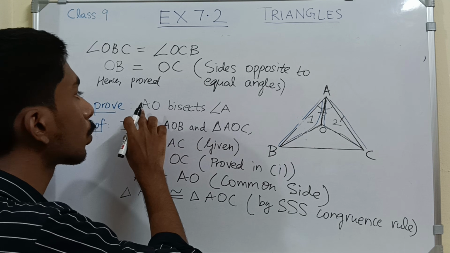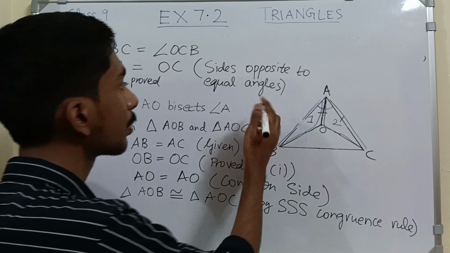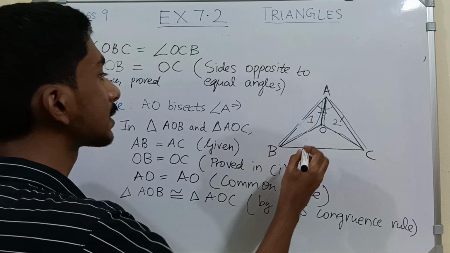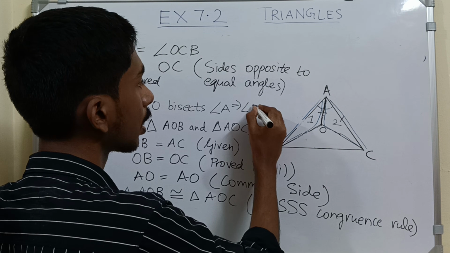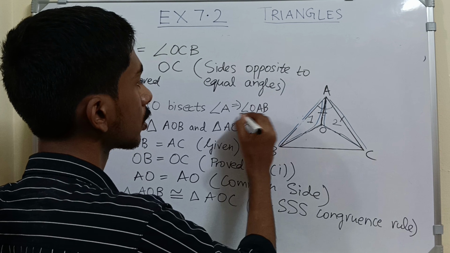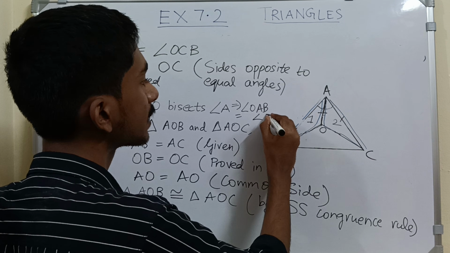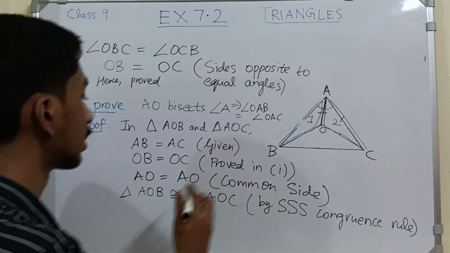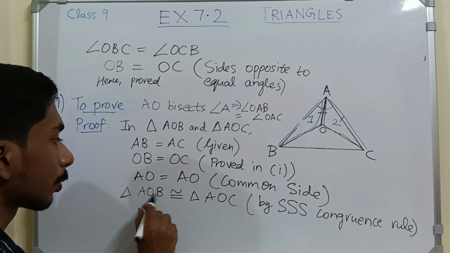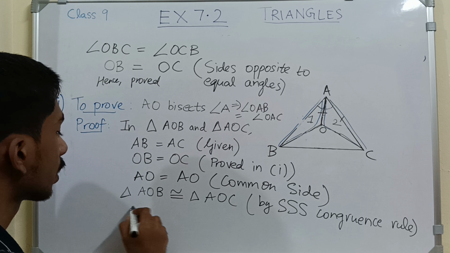So what we have to prove actually, we have to prove AO bisects angle A. That means this also implies angle OAB is equal to angle OAC. That's what bisecting means. This angle is equal to this angle. Now let us see here. We have proved that these two triangles are congruent.